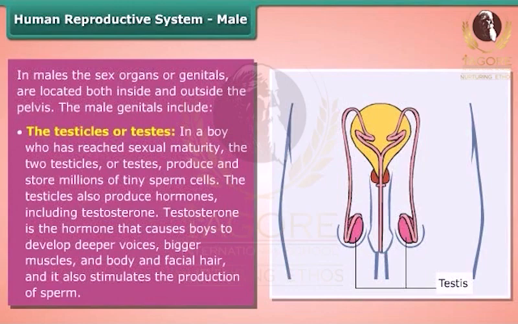The testicles also produce hormones, including testosterone. Testosterone is the hormone that causes boys to develop deeper voices, bigger muscles, and body and facial hair, and it also stimulates the production of sperm.